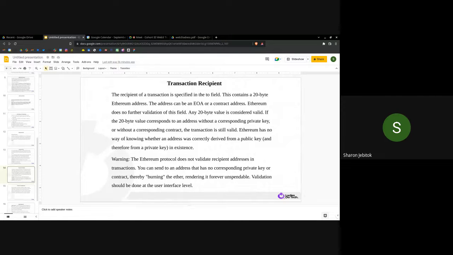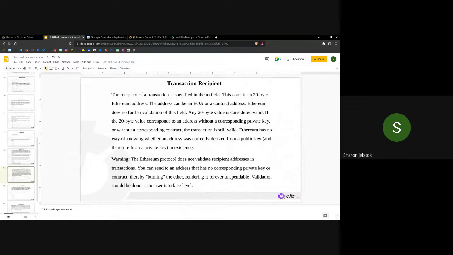So just a warning, the Ethereum protocol does not validate recipient addresses in transactions. So you can send to an address that has no corresponding private key or contract, thereby burning the Ether, rendering it forever unspent.